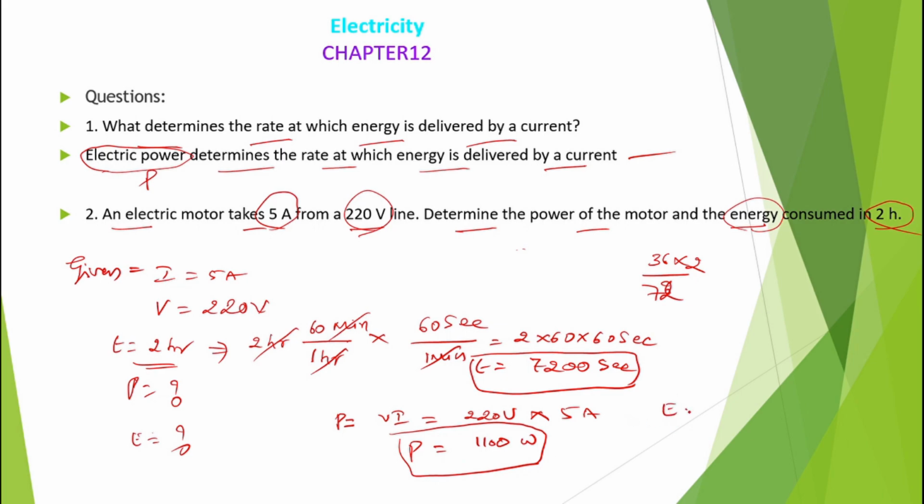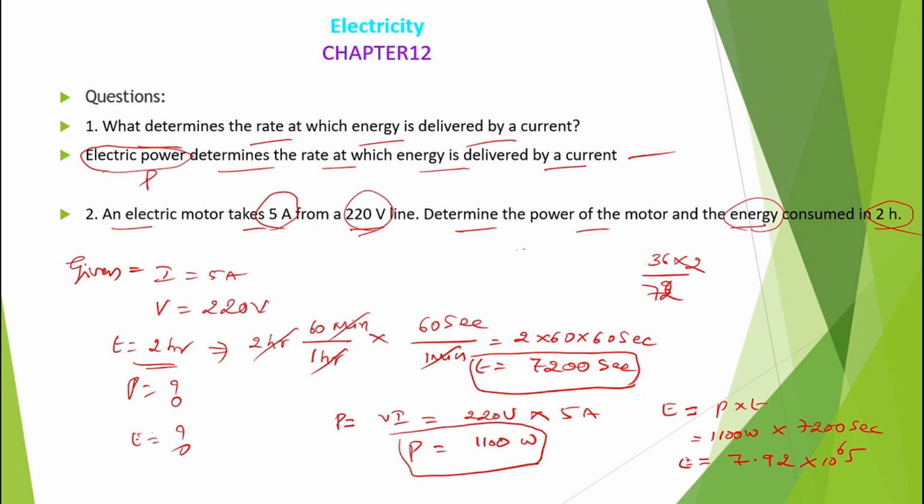So energy is equal to P into t. P we have calculated, that is 1100 watt into 7200 seconds. If you simplify this, you will get 7.92 into 10 to the power of 6 joule.